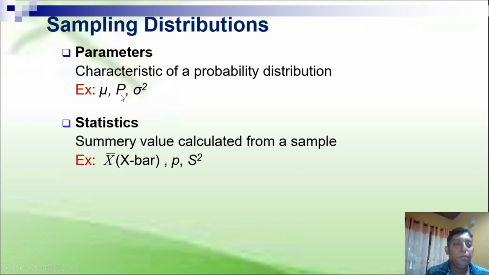To represent the population proportion, capital P, we use the sample proportion, small p. S square is the sample variance, which we use to make a decision about the population parameter, variance sigma square.